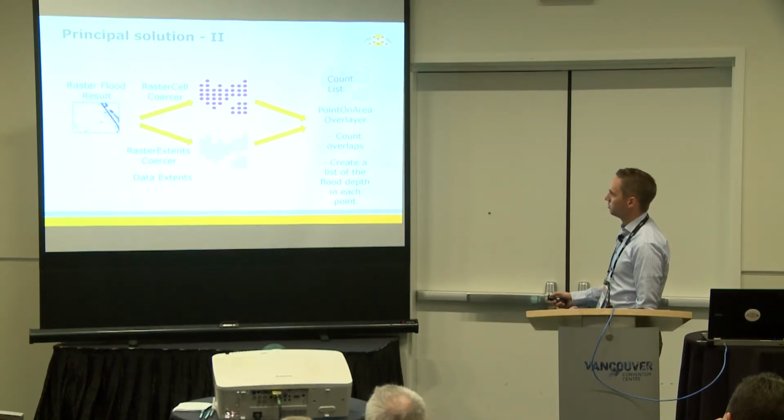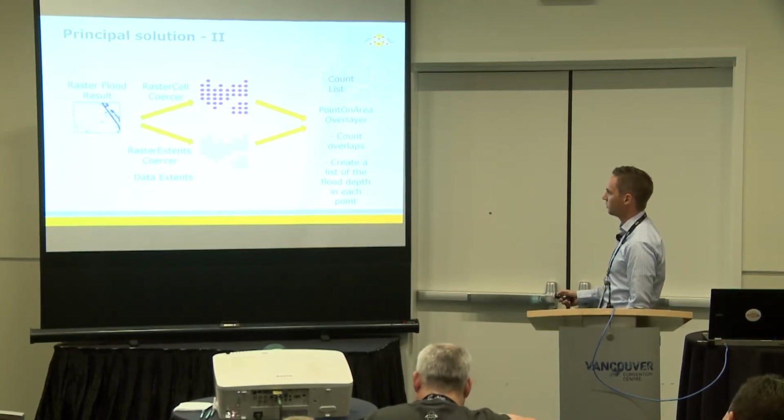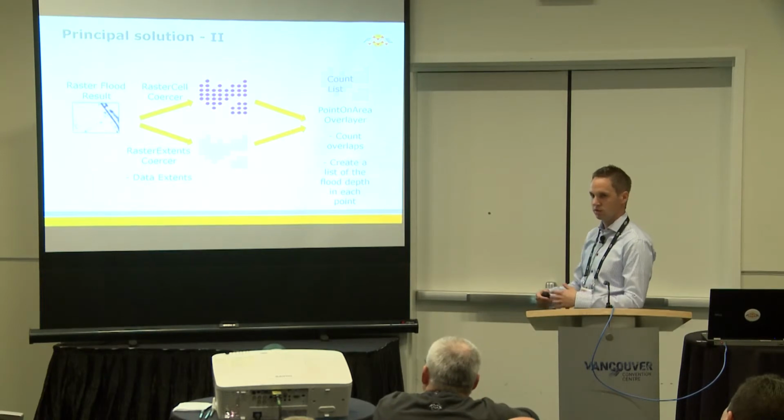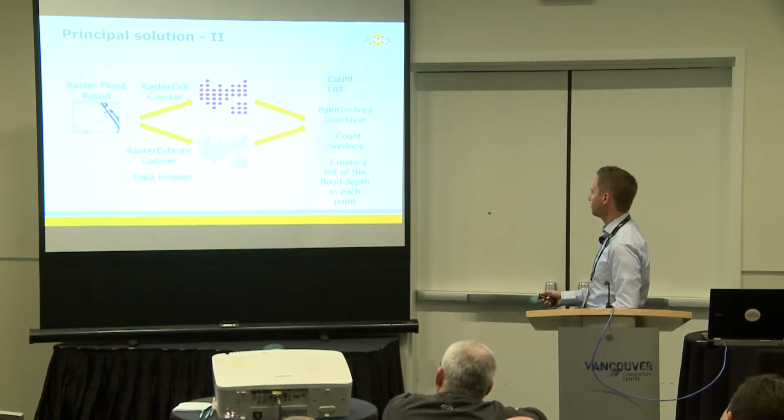So I take my flood results. I first of all convert it to points, and then I get the flood depth in each point, and also the coordinates of it. And then I run it through the raster extent cursor to get the different individual flood islands.